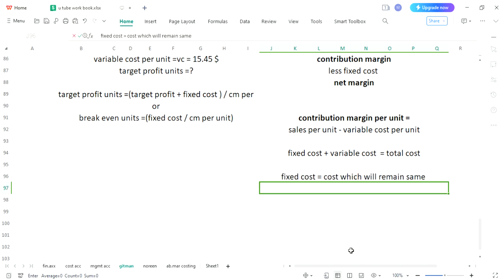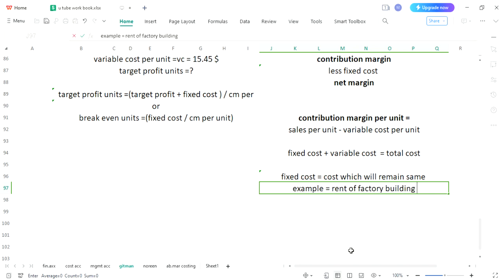Now let's say you are working for 10,000 units, or 20,000 units, or 30,000, or even if you are not working at all, that cost would be the same. I'm giving you an example with which it would be easy for you to understand. Rent of factory building.